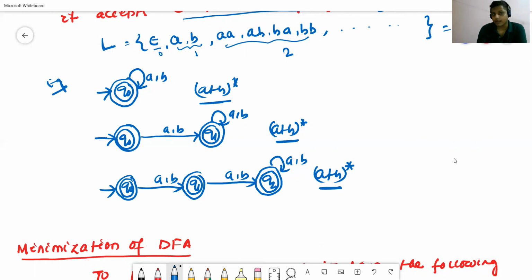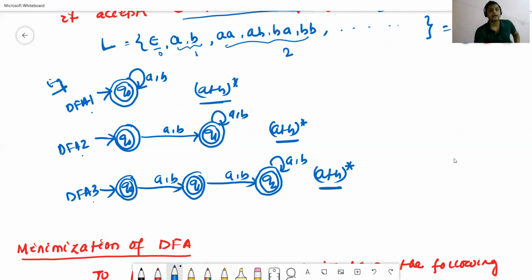Remember one thing: this is DFA 1, this is the second, DFA 2, and this is the third, DFA 3. There are three types of DFA, but all accept the same language, the complete language (A plus B) whole star. DFA 2 also accepts (A plus B) whole star, and DFA 3 also accepts it.